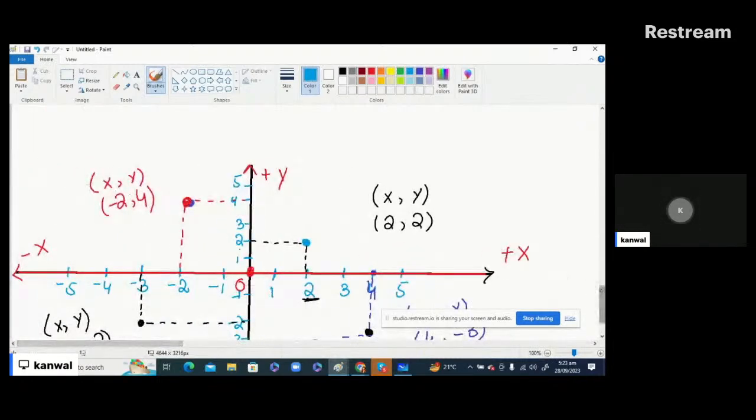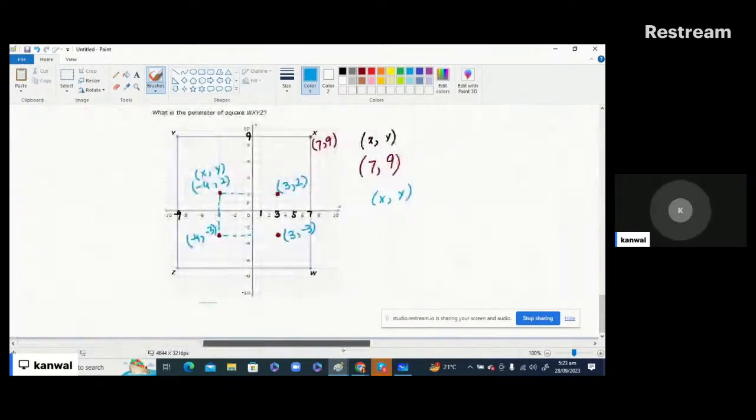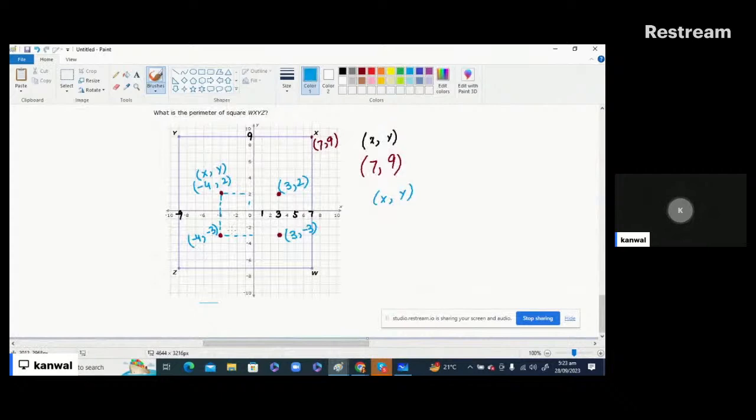I already told you about this method if you do not have any graph paper. In this way you can easily find the coordinate points, and each of these small square units is equal to 1.